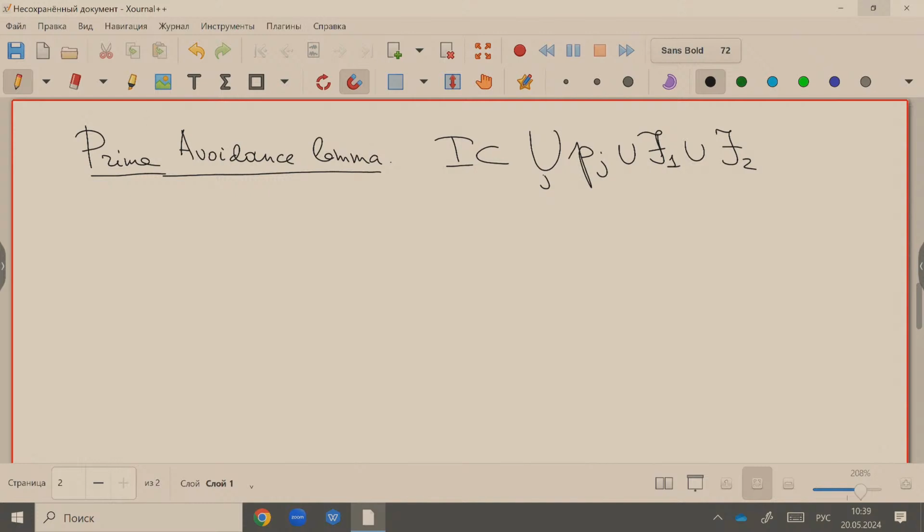These are a collection of prime ideals, and these are any two ideals.